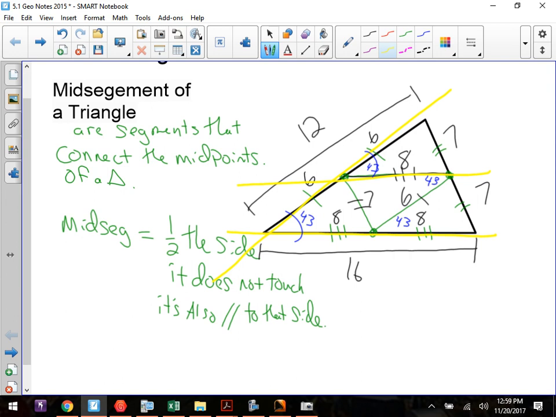Knowing that you are equal to half the side you don't touch, and you're also parallel to the side you don't touch. Now, a lot of times what we do is we don't write it out that mid-segment equals half. A lot of times we'll say if we double the mid-segment, we get the whole thing. Does that make sense? It's because it's easier to write times 2 than it is to take half. So here's what I mean by writing it like that.